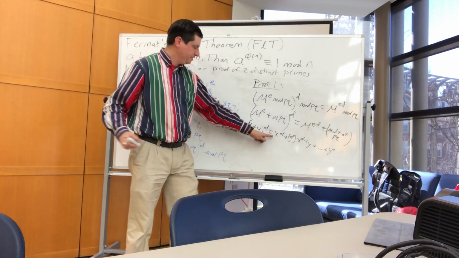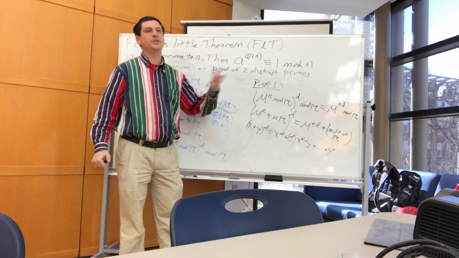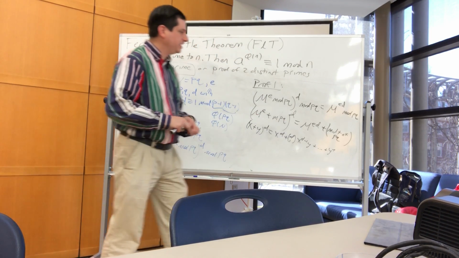And every term but the first is going to have a y, so every term but the first is going to be a multiple of pq. So I just have to calculate m to the ed.